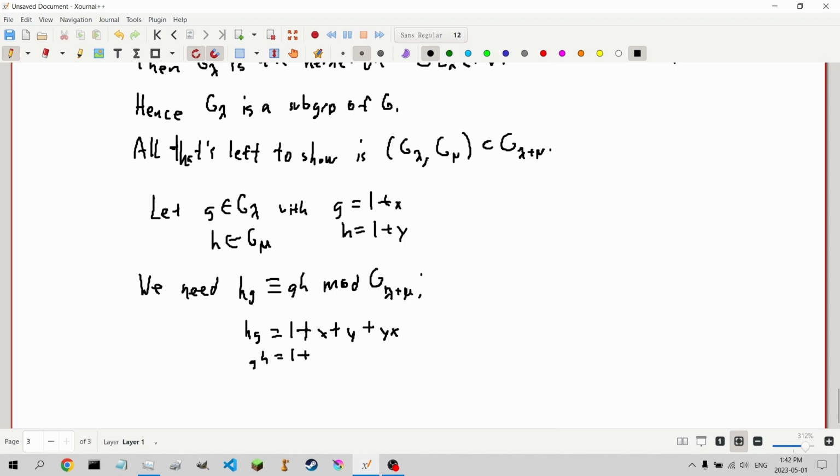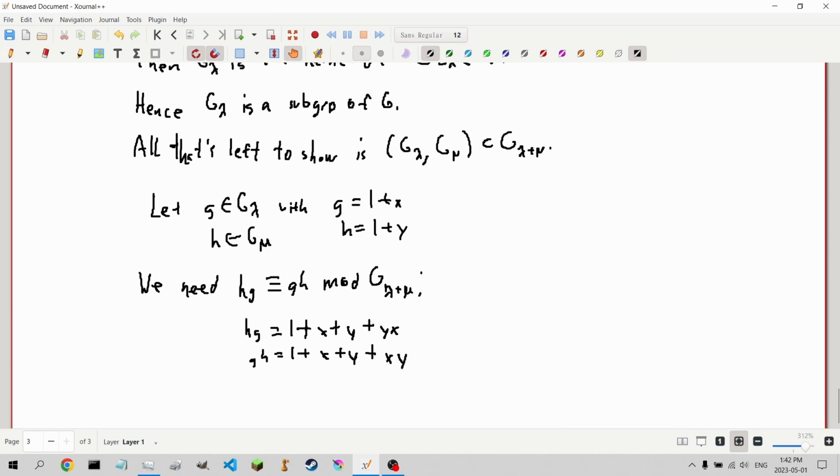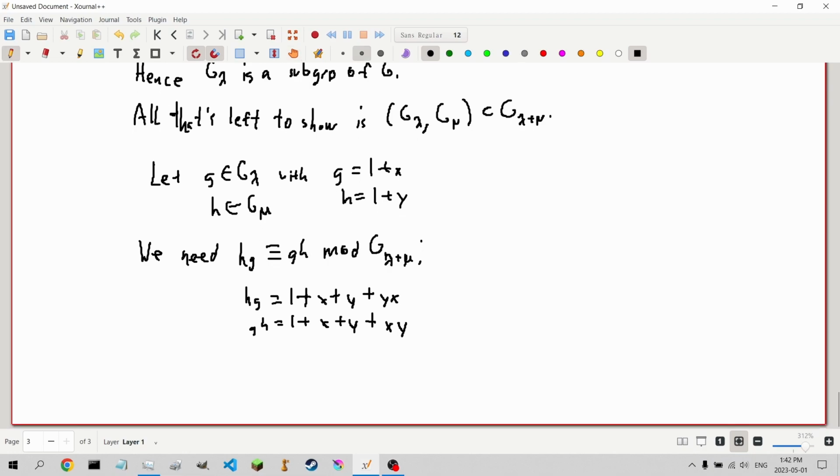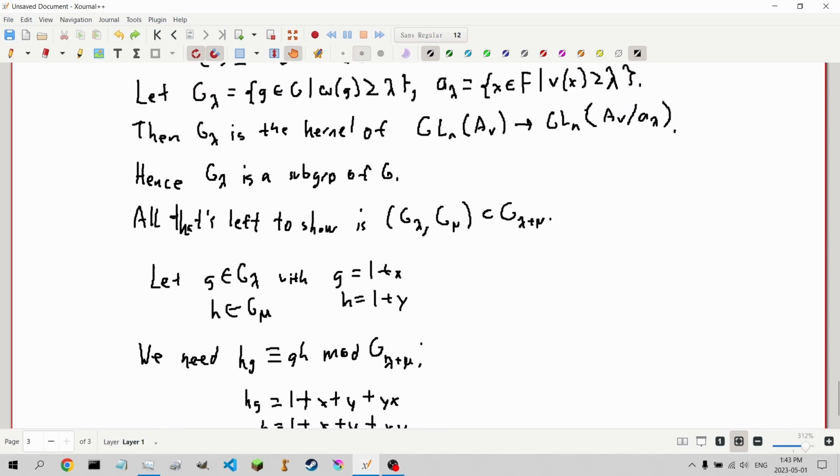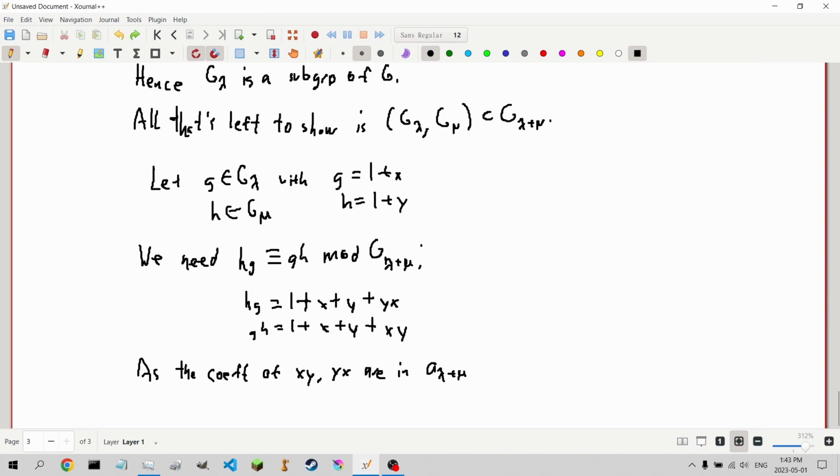We're going to get the same thing, except the order of the last term, yx, is of course swapped. As the coefficients of x, y, and yx are in A of lambda and mu. Reminder, that means that V of them is at least lambda plus mu.